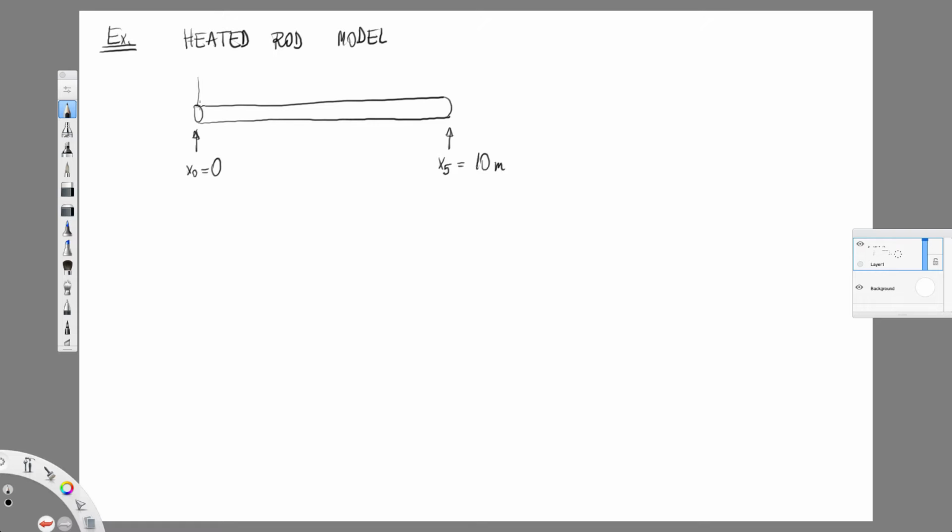And I'm keeping both ends of this rod at fixed temperature. On one end, T0 is going to be 40 degrees Celsius, and on the other end, T5 will be 200 degrees Celsius.